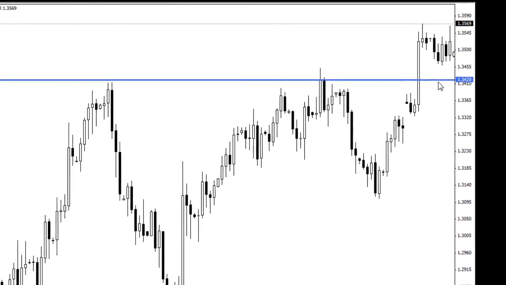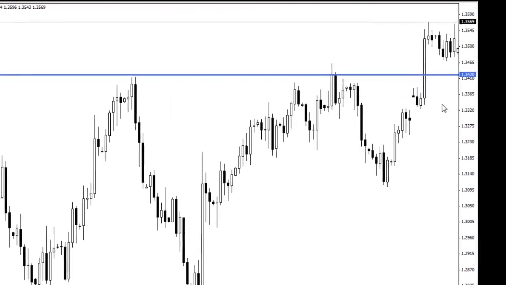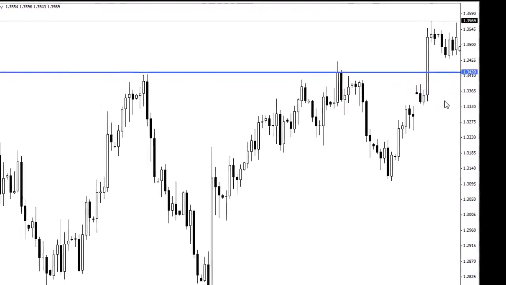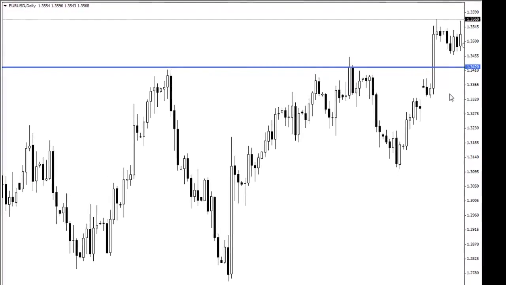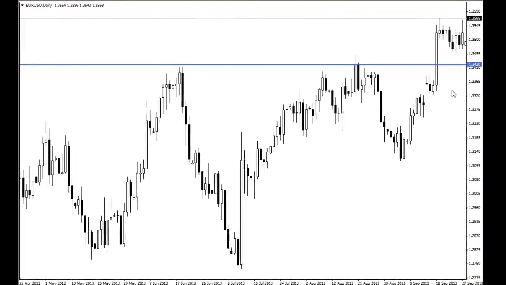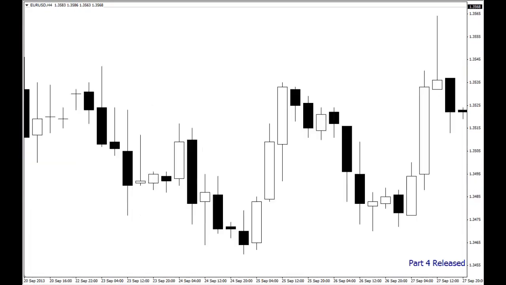Remember that because we're going to come back to it in a few moments. This is what price action was doing prior to the previous release of episode 4 in this series. And what we're going to do is draw our chart into a 4-hour basis. And again, that 34.20 level, keep that in mind.